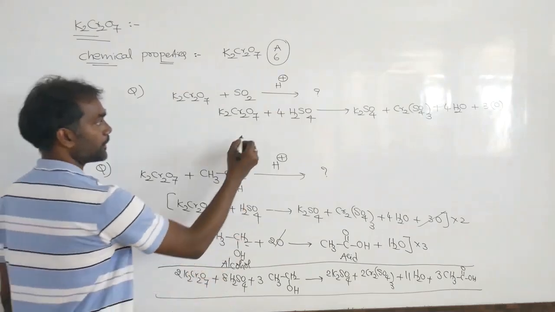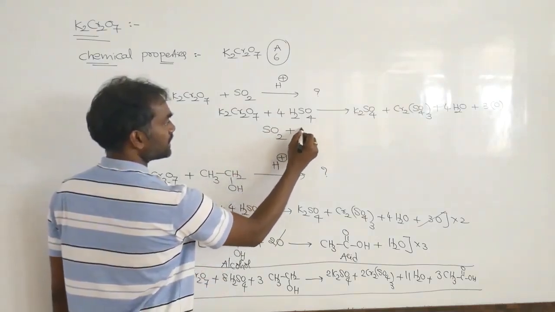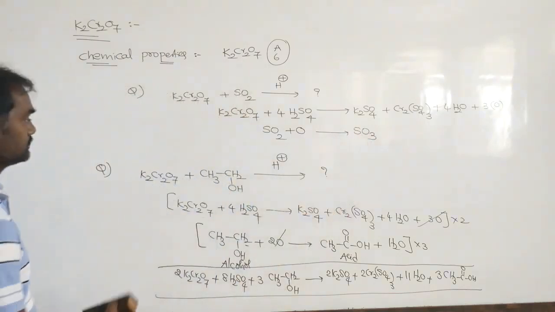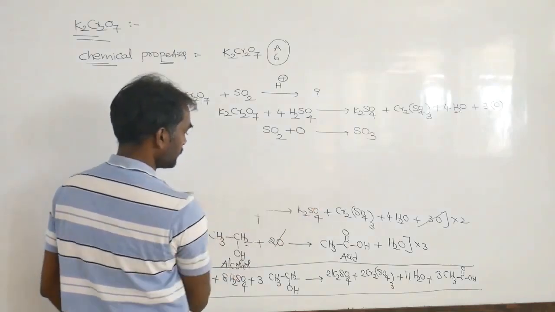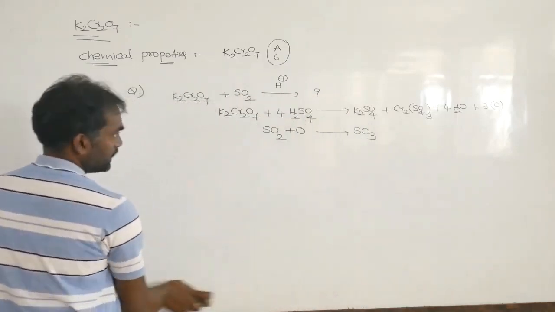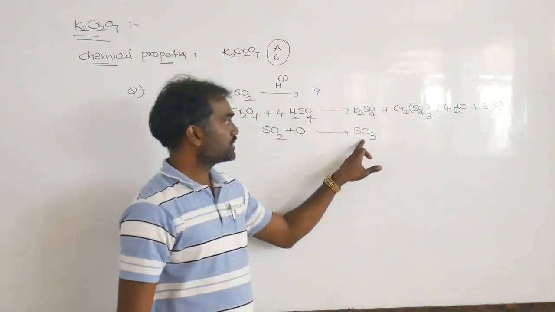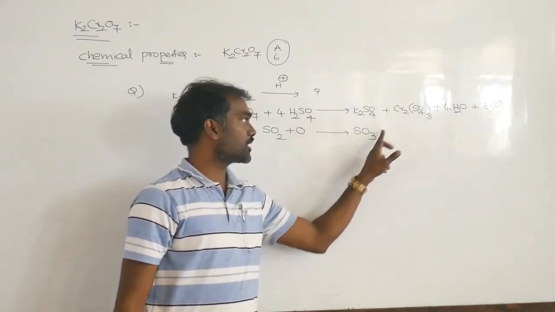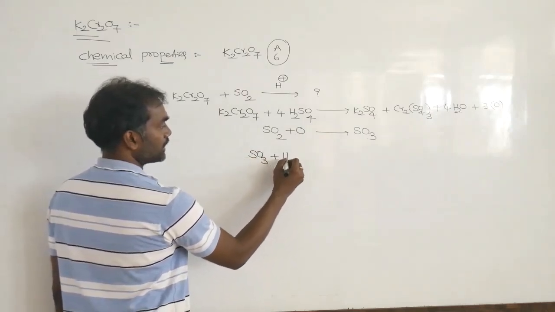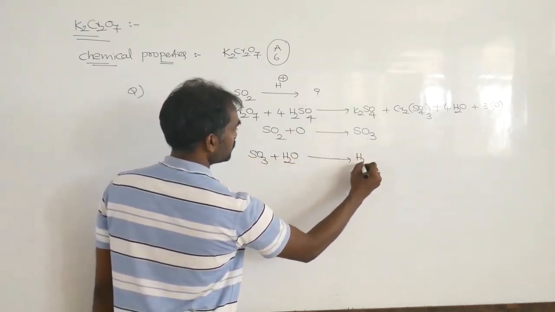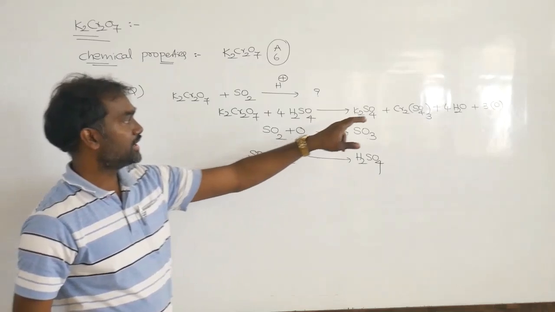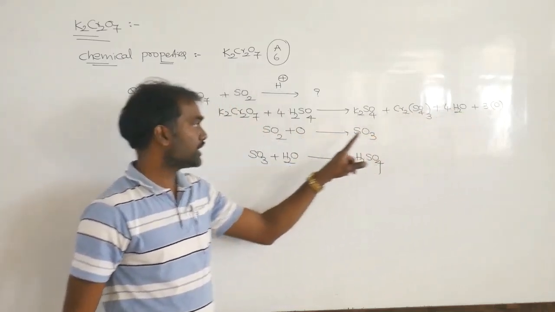Now SO2. So SO2 takes one oxygen and becomes SO3. Now SO3 is a product, water also a product. So SO3 reacts with water, you are getting H2SO4. So here 3 oxygens are coming, you are utilizing 1.